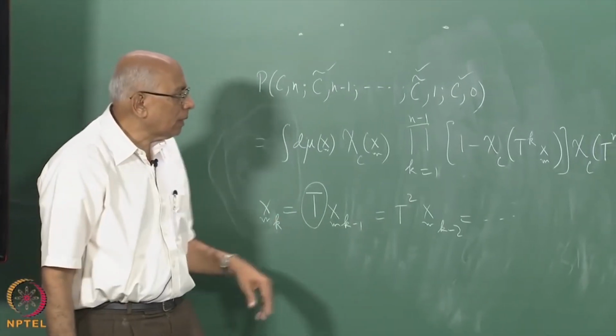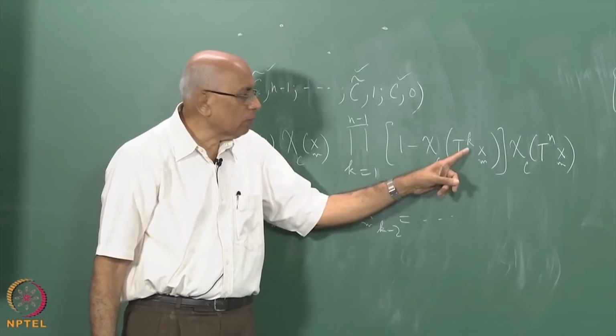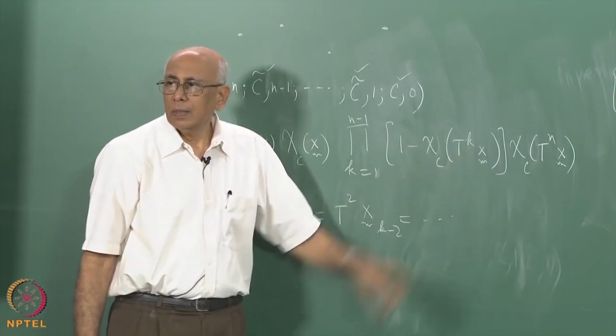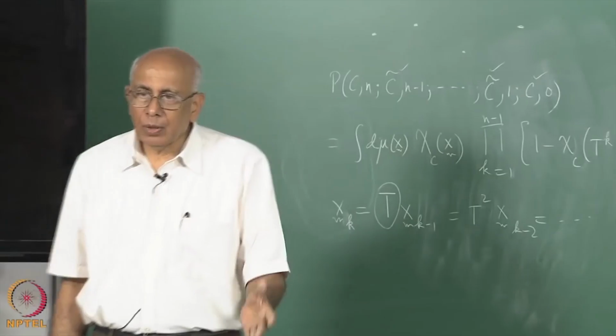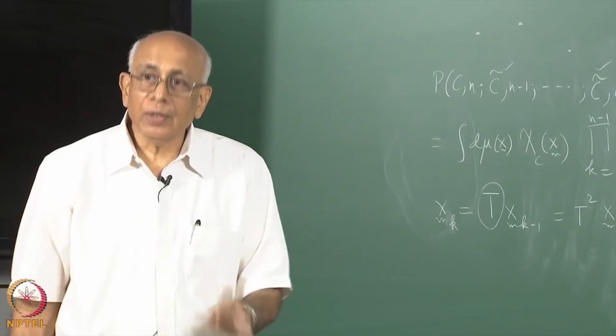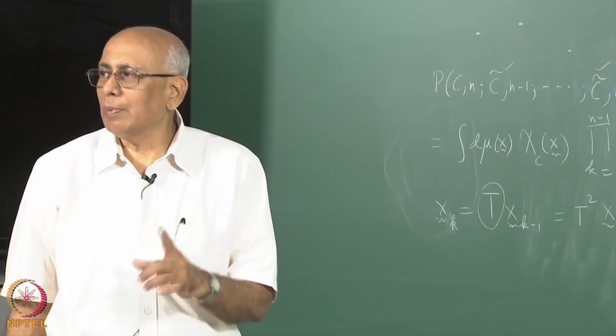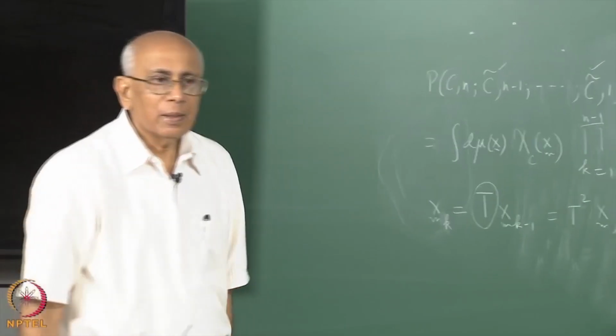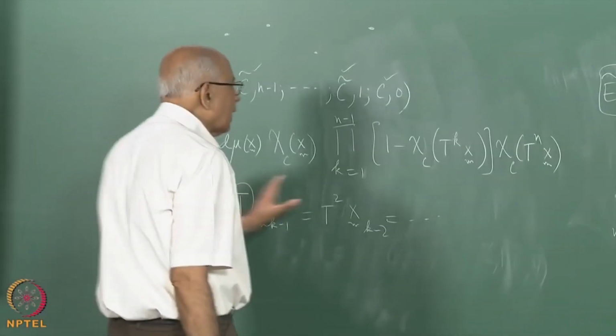I have buried all that by saying this map is iterated several times. So if the first map x1 is some nonlinear function of x0, x2 is the nonlinear function of the nonlinear function of x0. It can be extremely complicated, but we do not care. Notation wise this takes care of it completely.